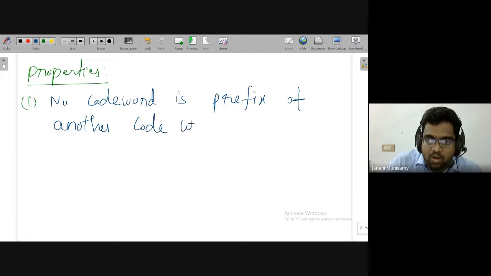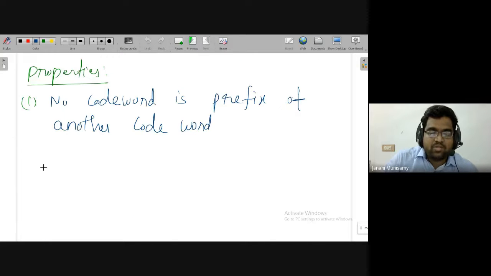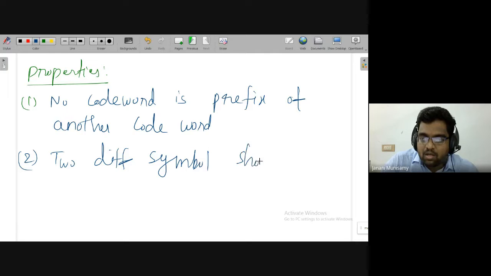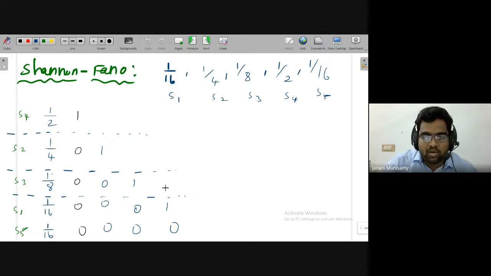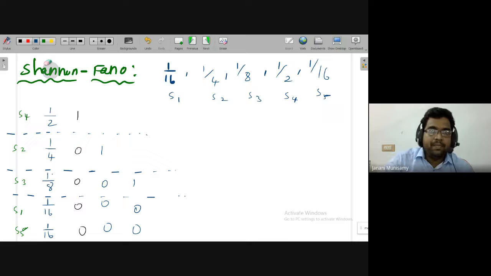Again, two different symbols should not have the same code word. இது நம்மளுக்கு பார்த்தாலே தெரியும். ஏன்னா same code word போட்டீங்கன்னா confuse ஆயிடும். Say for example, இப்போ நான் இதை delete பண்ணிட்டேன்னு வச்சிங்களேன், இந்த 10 delete பண்ணிட்டேன். அப்போ 000 வருது receiver side-ல, S1 போடுவீங்களா S5 போடுவீங்களா, confuse ஆயிடும். ஸோ அதனால no two symbols should have the same code word.